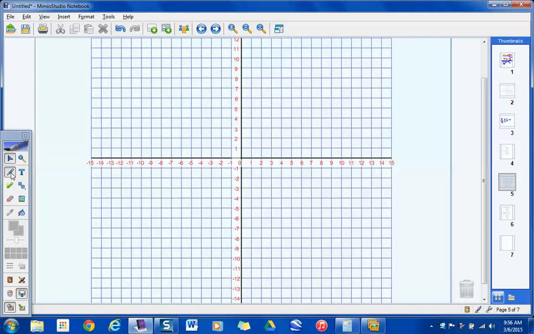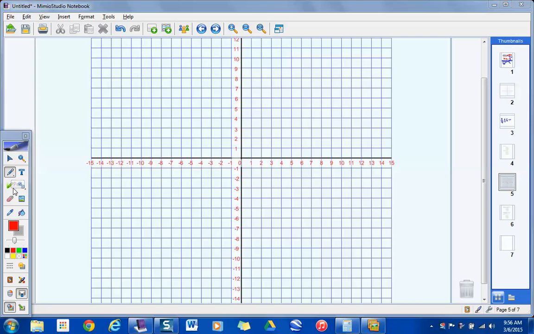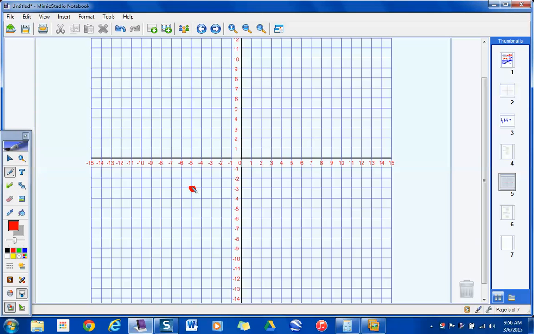So let's do this. The points that I chose, I think I said left 5 and down 3, didn't I, kiddos? Pick that point. Pick left 3 and up 5. Plot that point. With your straight edge, go ahead and draw your line.